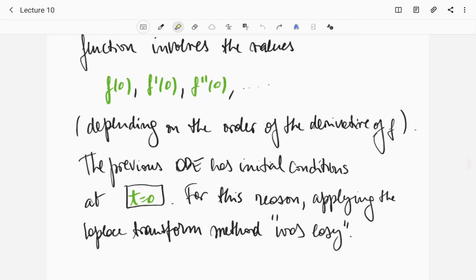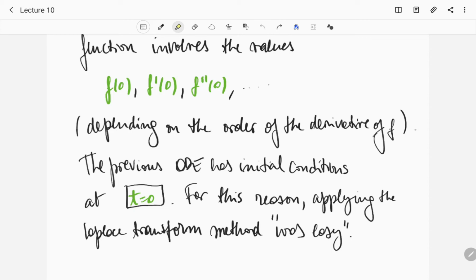The previous ODE has initial conditions at t equal to 0. So for this reason, applying the Laplace transform method was easy, because the property of the Laplace transform with derivatives depends on all these values, like f at 0, the first derivative of f at 0, and so on.